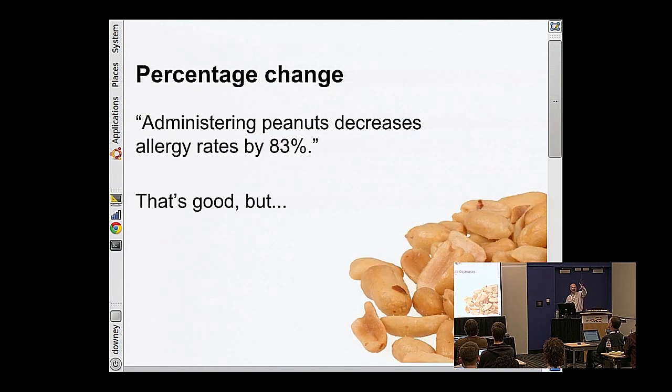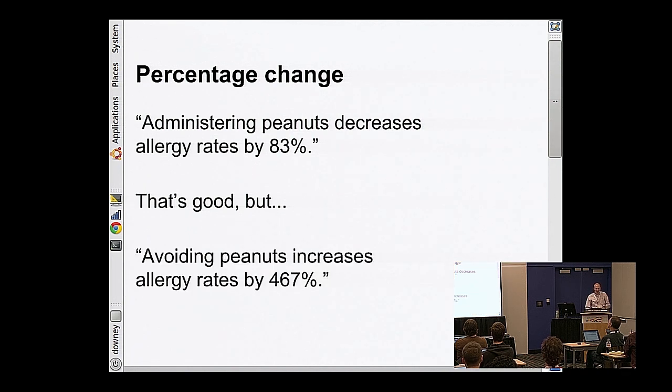The suggestion I got from the back is that you could put things in terms of a percent change. So if the treatment is give your kid peanuts, then you can say it will reduce the probability of allergies by 86 or 83%. That is a good thing. That's a nice number. And in fact, many of the newspaper articles about this study, that's the number that they reported. It's not terrible, but this one is funny because it's not clear which one is the treatment and which one is the control.